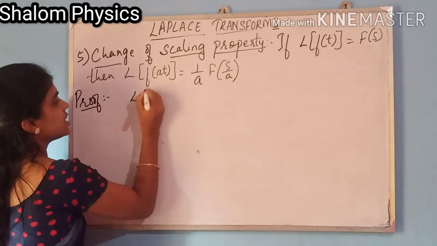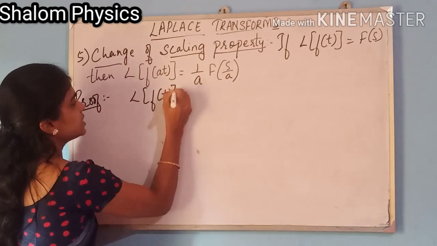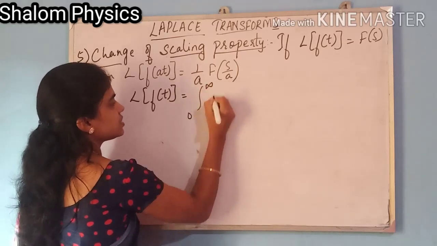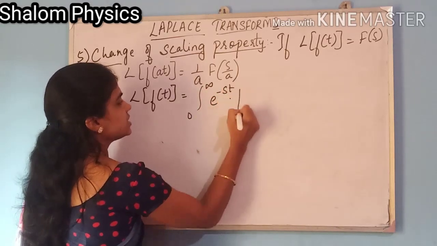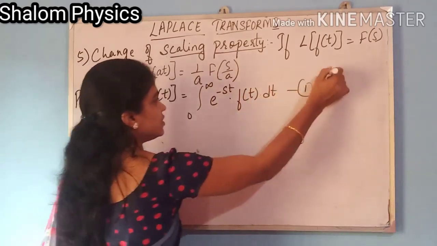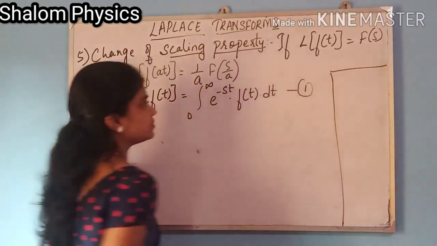Define Laplace transform. Laplace transform of f(t) is equal to integral from 0 to infinity e raised to minus st f(t) dt. So this is our first expression.